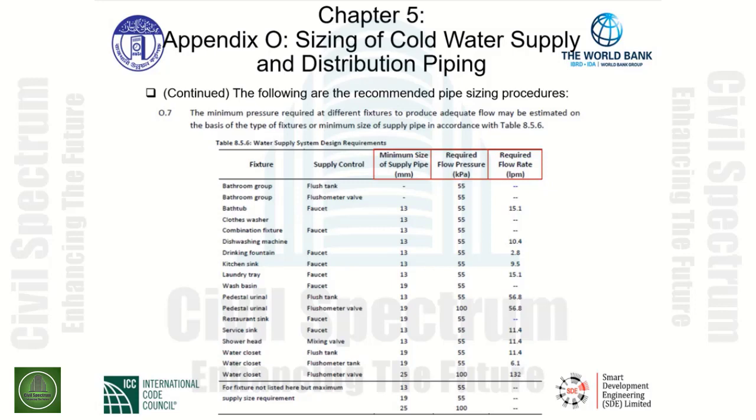For the kitchen sink, our example, very last column, the required minimum flow rate is 9.5 liters per minute. So we can systematically pick the fixture or group of fixtures and obtain minimum pipe sizes, required flow pressures, and required flow rates.